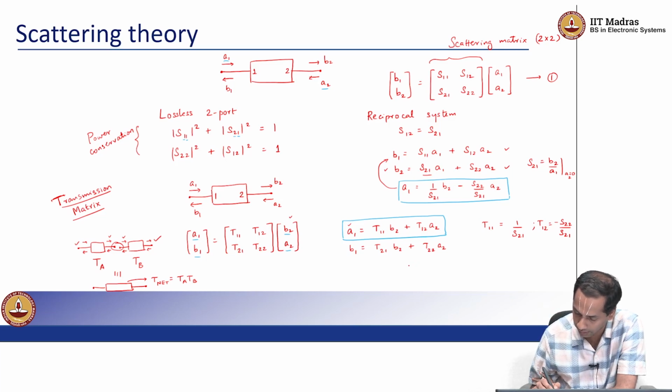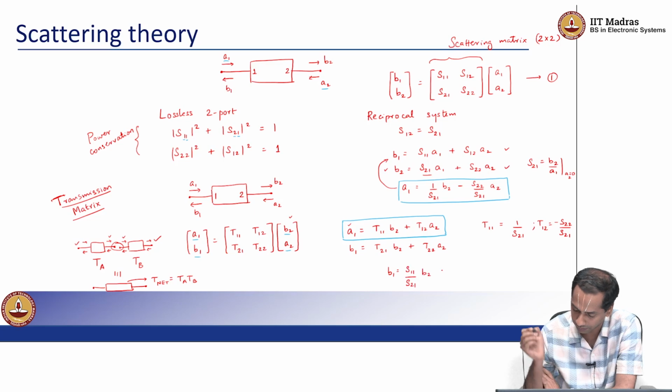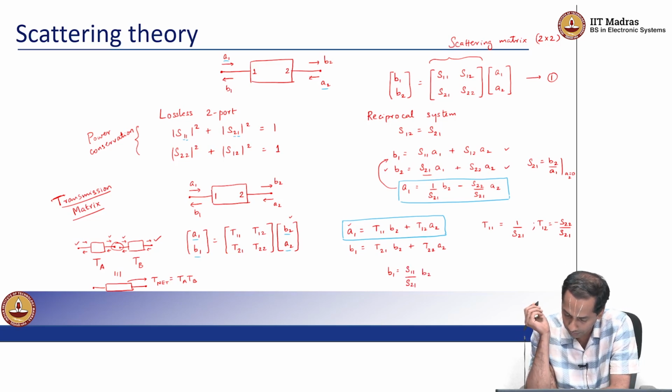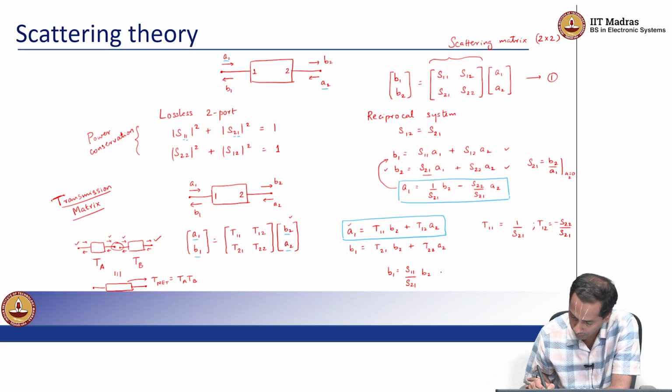So that will yield B1 is equal to S11 by S21 times B2, minus S11 S22 by S21 times A2, plus S12 A2.